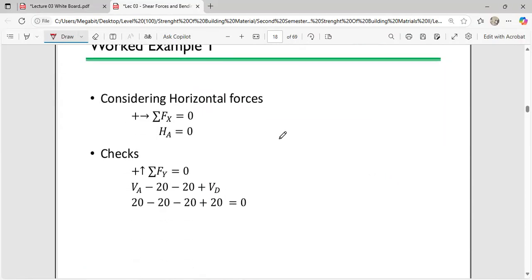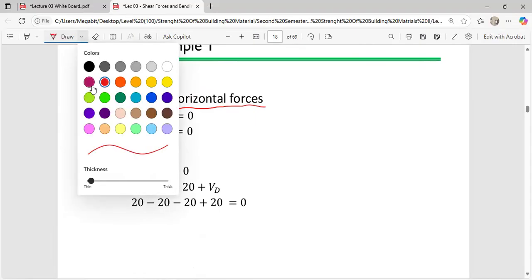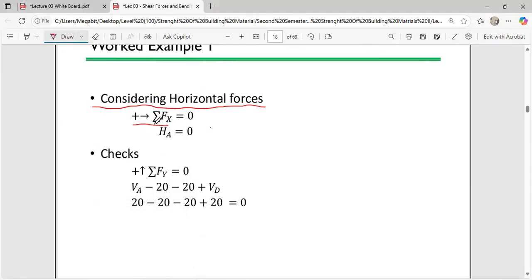From there, what do we do next? We have to consider all horizontal forces. This time you realize that the rule has changed. Because we are considering all horizontal forces, it's going to be the sum of all forces moving in the x-axis equal to 0.